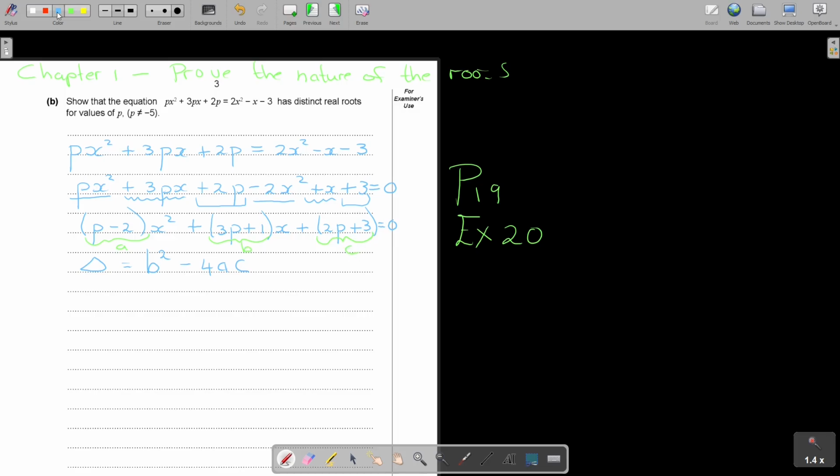So basically b squared, so it's going to be (3p plus 1) squared minus 4 times (p minus 2) times (2p plus 3). Okay, I'm going to work this out. Now remember, do the long way, please.